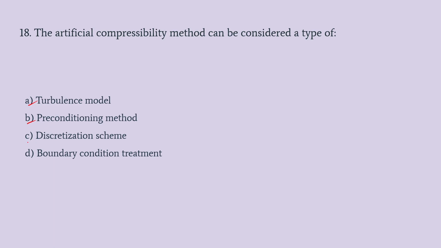Option C, is it a discretization scheme? Option D, is it a boundary condition treatment? Try to answer the question. You can easily eliminate some of the options and reach the answer. You can inbox your answers.